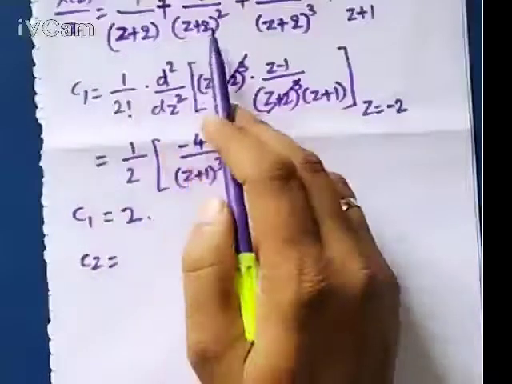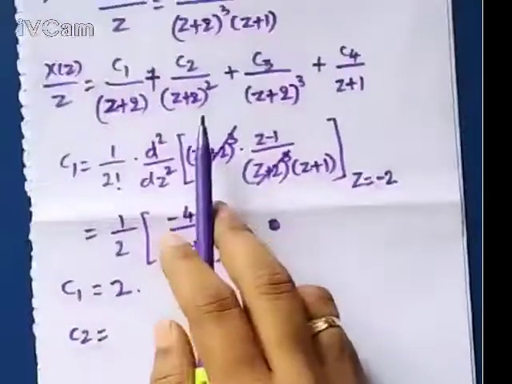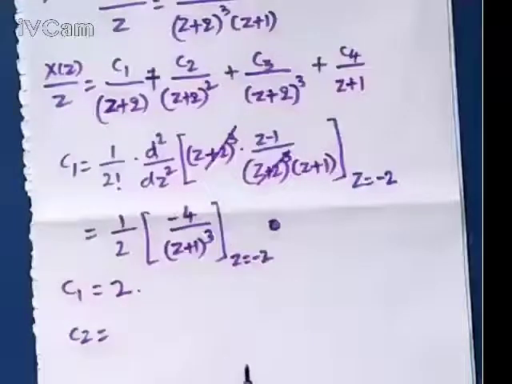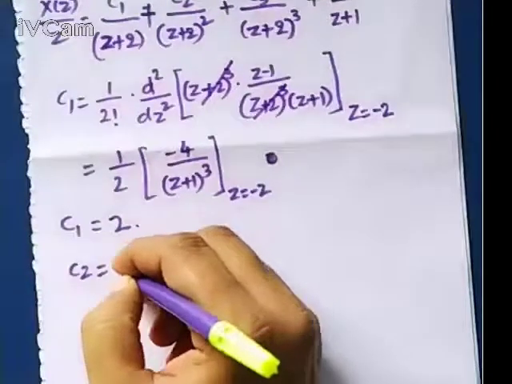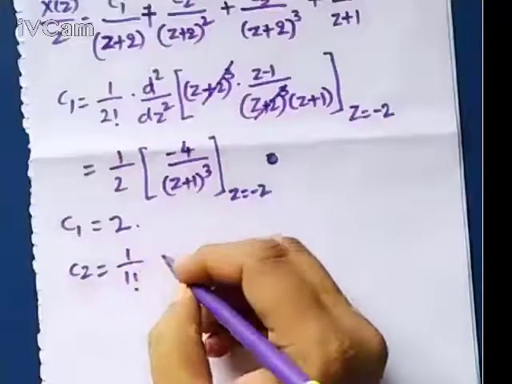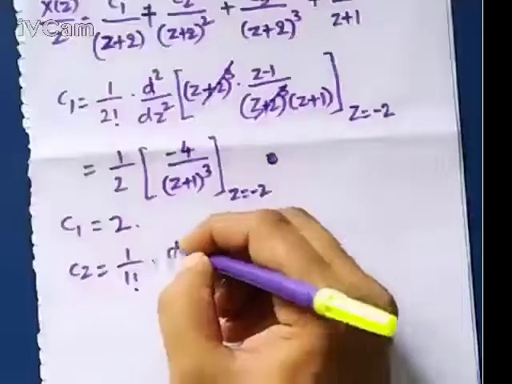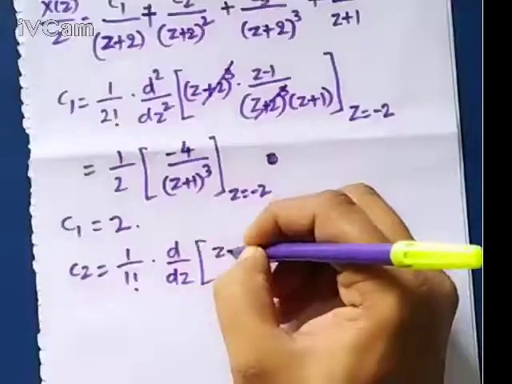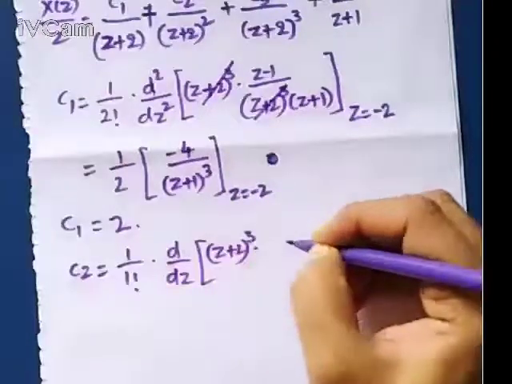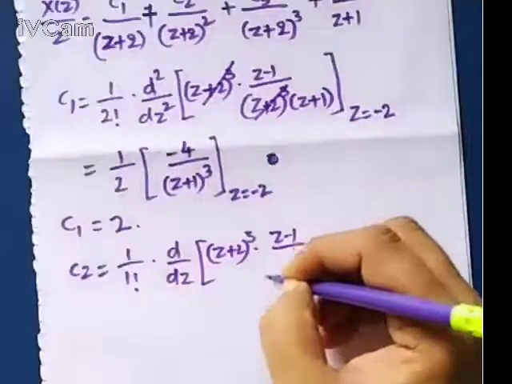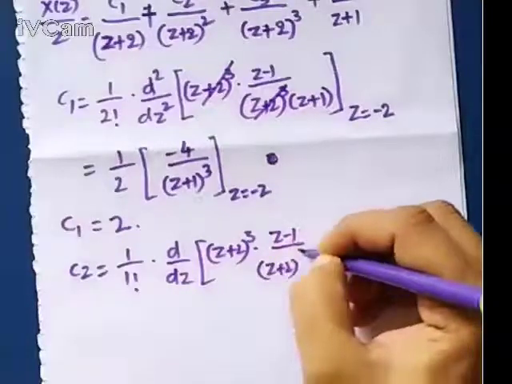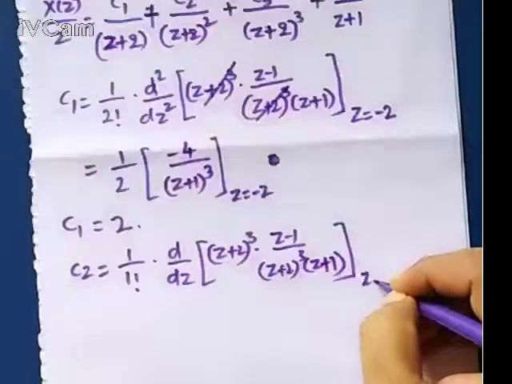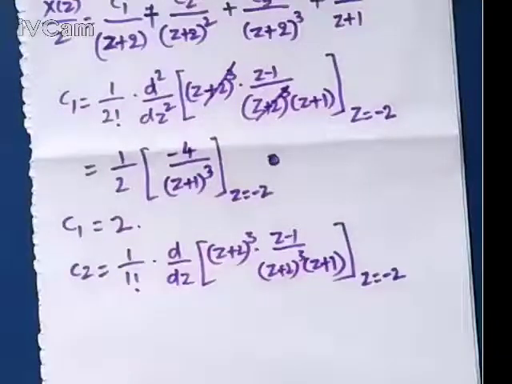C2 is the square term here, right, it is C2 upon z plus 2 square, so we have to differentiate this term by 1. Okay, so that will be 1/1 factorial into d by dz of z plus 2 whole cube into x of z by z, that is z plus 2 cube z plus 1, and now again this z will be minus 2 only.